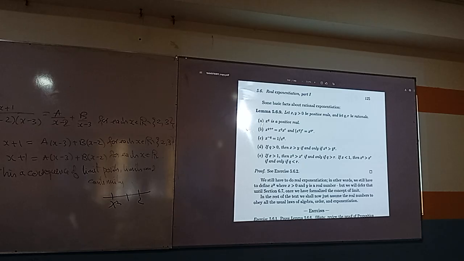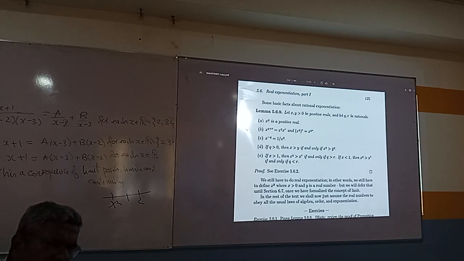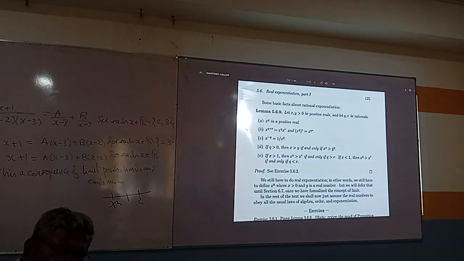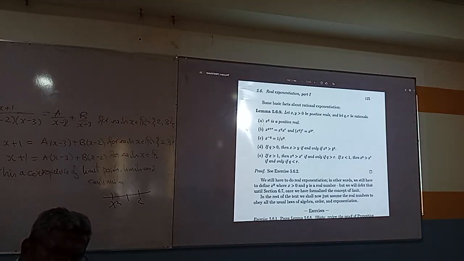Now, if I ask you 3 to the 5, you know: 3 times 3, 5 times. If I ask you 3 to the 1 over 5, then that is a number x. If you multiply it 5 times, the answer must be 3. So you have some explanation.